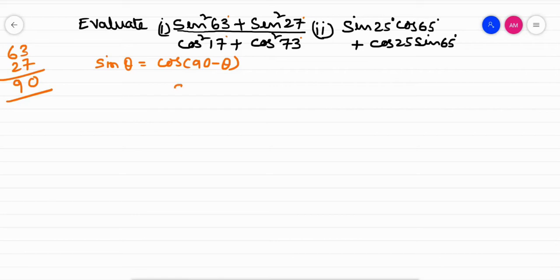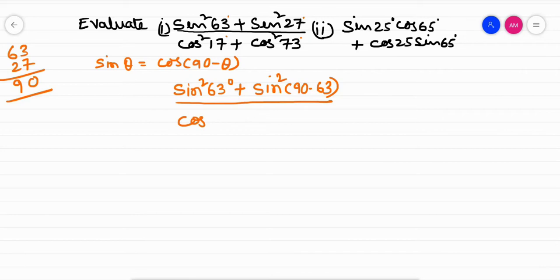So see, sine square 63 degrees plus, if I write sine 90 minus 27 here, 90 minus 63 here. See here, 27 can be written as 90 minus 63. Sine square 90 minus 63, because 27 is nothing but 90 minus 63, divided by cos square.